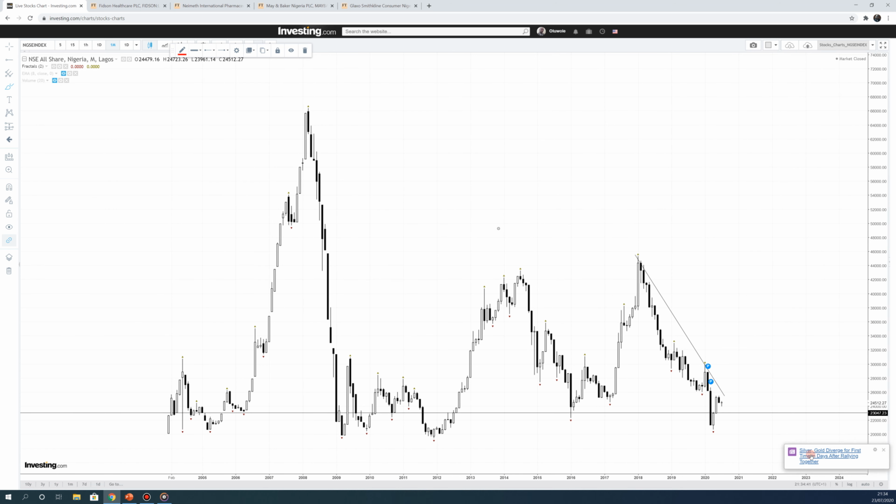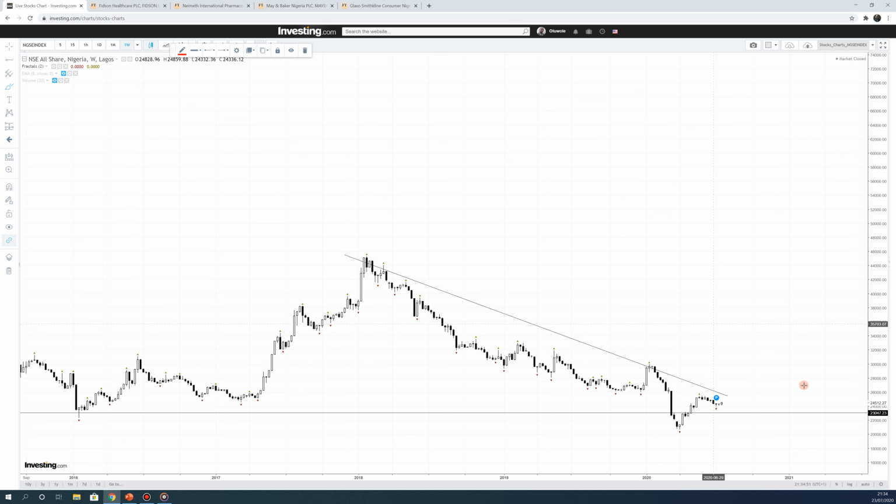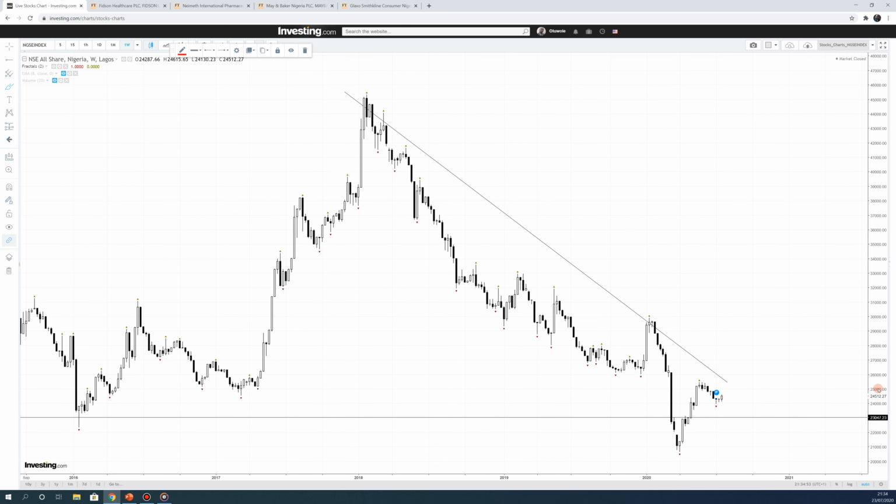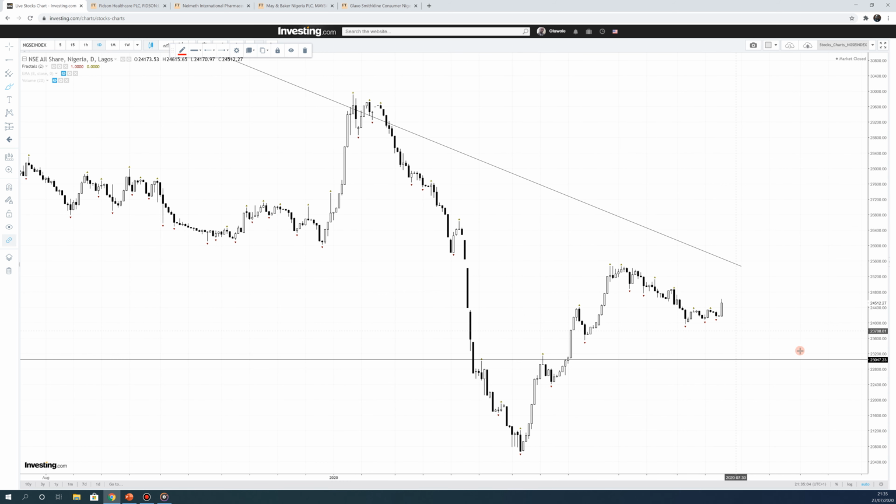This is the silver, gold, the gold first. Fantastic. Okay, let's see. This is the index. Yeah, the index is showing some strength now. It's showing some strength this week. Today, what's going on today? Wow.